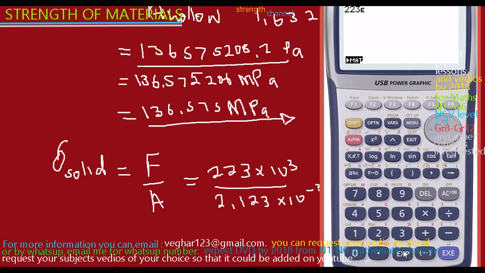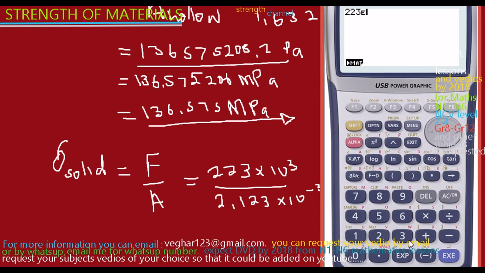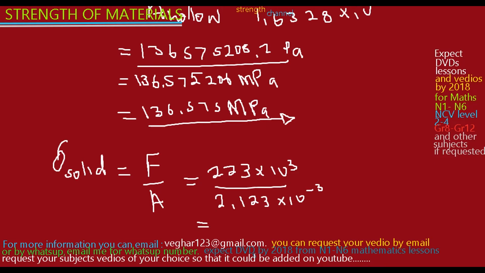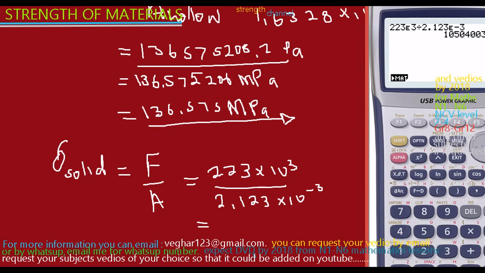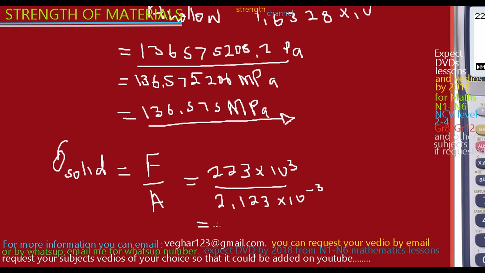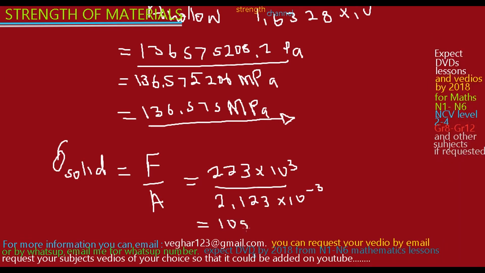So it's 223 exp 3 divided by 2.123 exp minus 3, and then what's the answer? It's 105040037.7 Pascal.